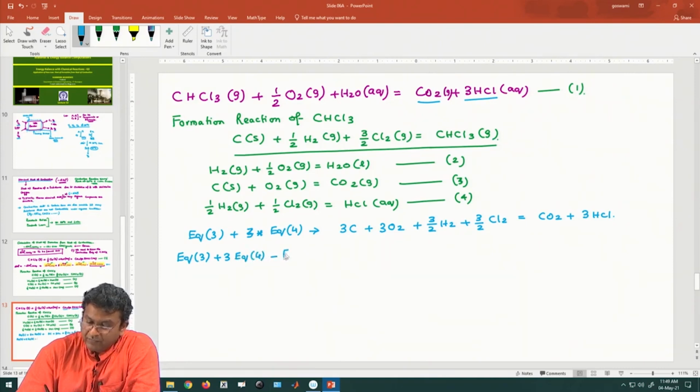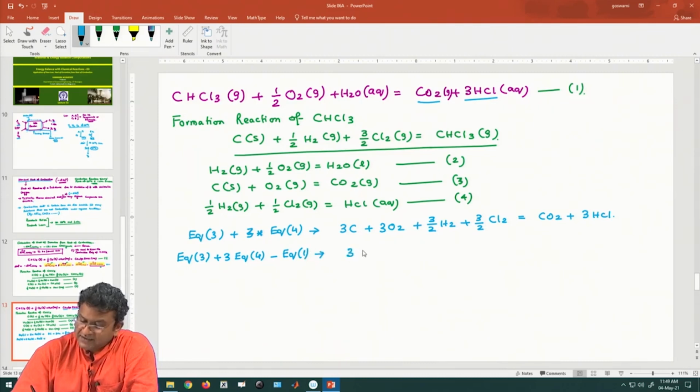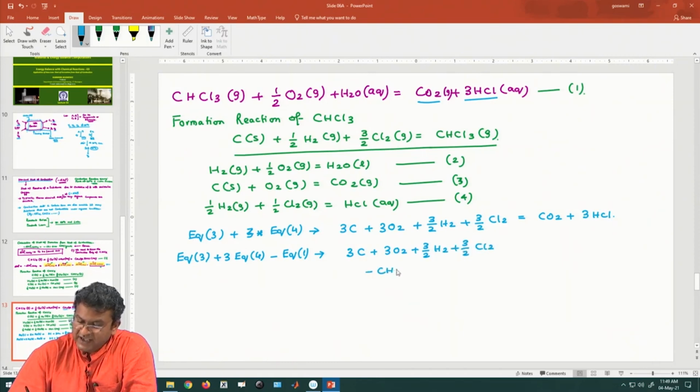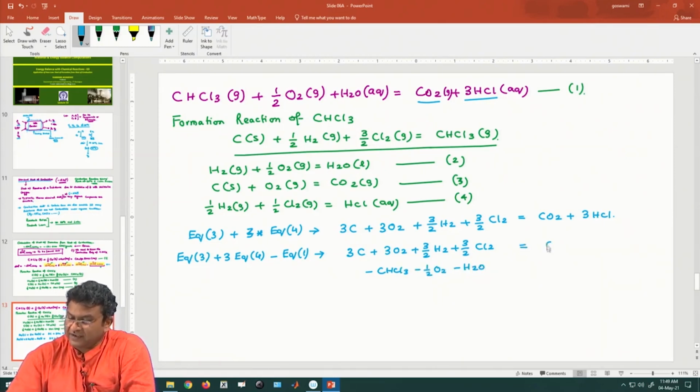equation 1 from this. So, this will give us 3C plus 3O2 plus 3 by 2 H2 plus 3 by 2 Cl2 minus CHCl3 minus half O2 minus H2O, and on the right hand side you essentially get 0, because you have CO2 plus 3HCl minus CO2 minus 3HCl.